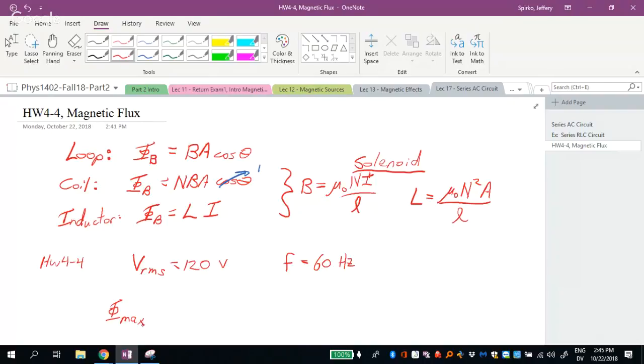So can we calculate the maximum current from an RMS voltage? How about VRMS is equal to IRMS times the impedance, which is what we just talked about today.